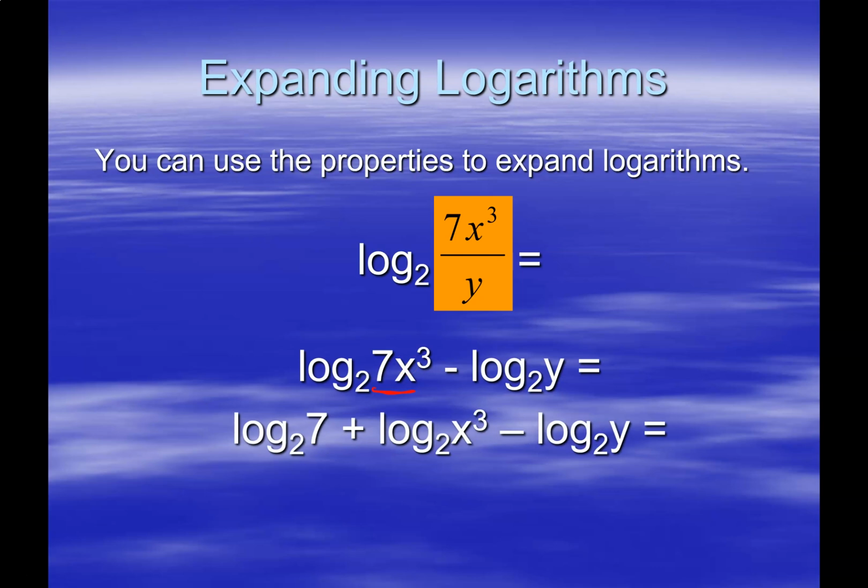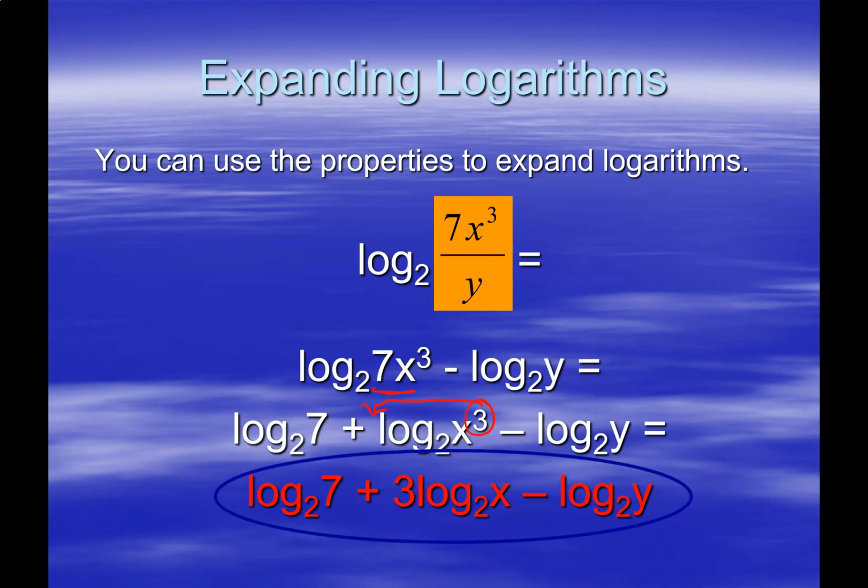And finally, I'm going to deal with this exponent here that needs to move up to the front. And then my final answer should be log base 2 of 7 plus 3 times log base 2 of x minus log base 2 of y. And we are done. I will see you soon. All right.